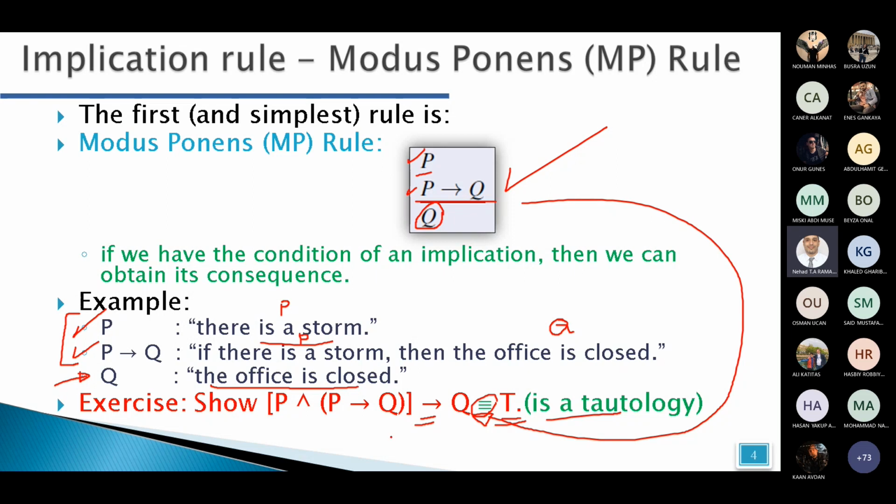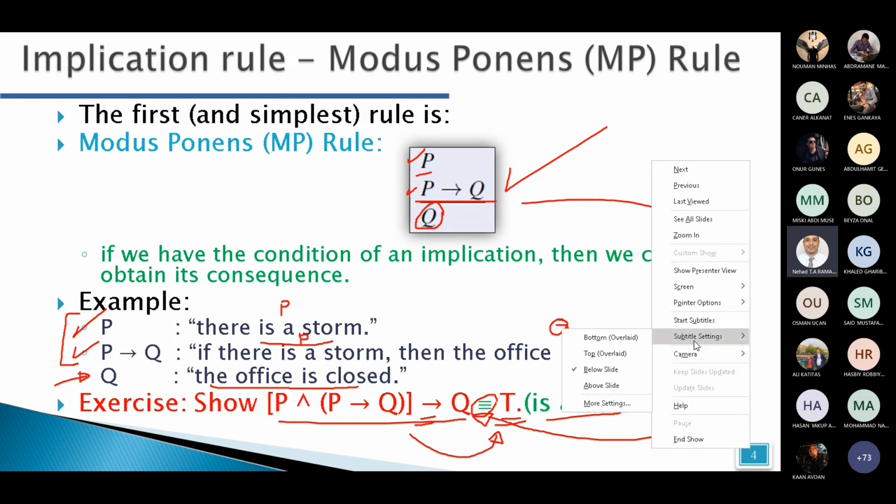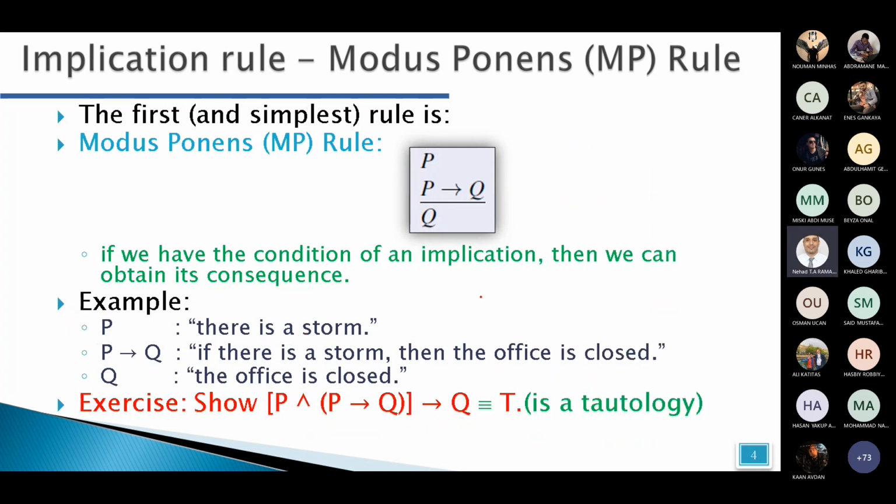You can prove this using the logical equivalence rules, to get from this that it's always true, it's equivalent to true. So this is the first inference rule or implication rule. If I have P and I have P implies Q, then I can conclude Q.